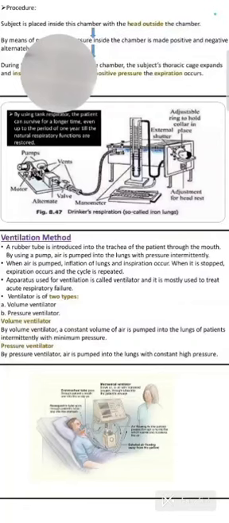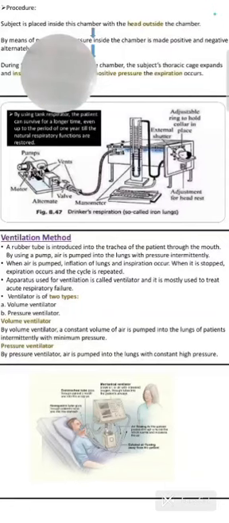When air is pumped, inflation of the lungs occurs. But when it is stopped, expiration occurs. So this cycle is repeated. The apparatus used for ventilation is called a ventilator, and it is mostly used to treat acute respiratory failure. Ventilators are of two types: volume ventilator and pressure ventilator.